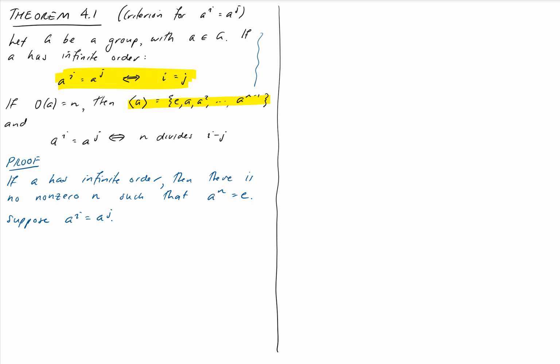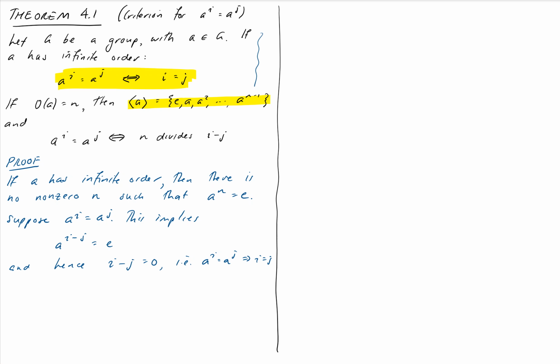Then this implies we can multiply both sides by a to the minus j. a to the i minus j equals e, and hence i minus j equals 0. Okay, that's interesting. So a to the i equals a to the j implies i equals j.